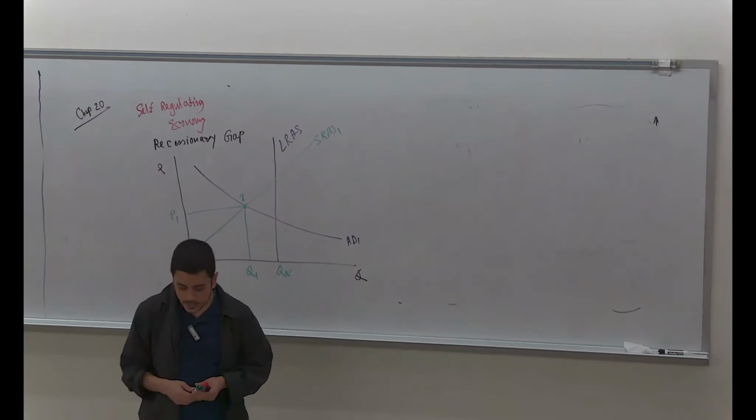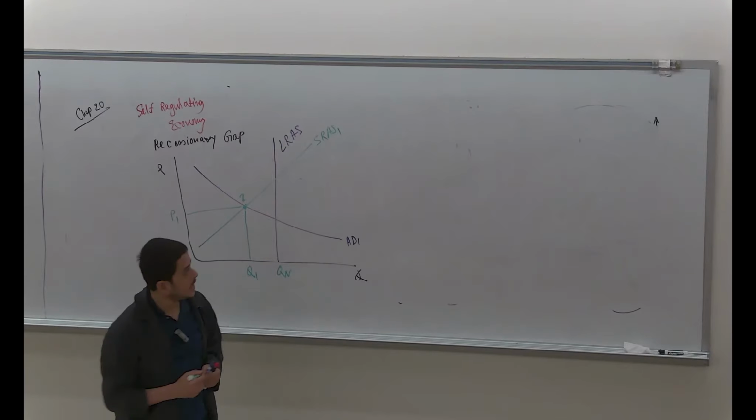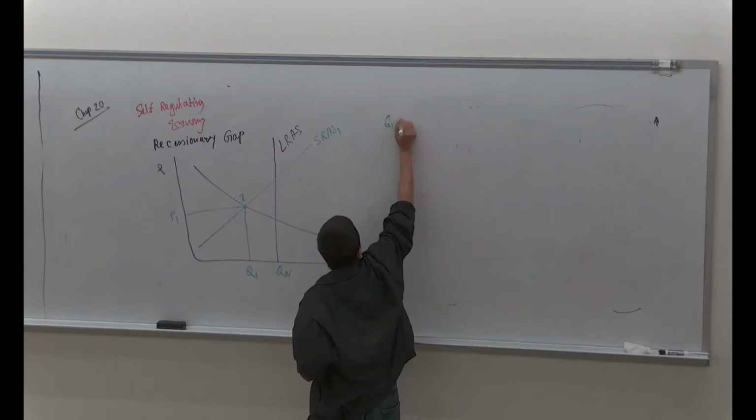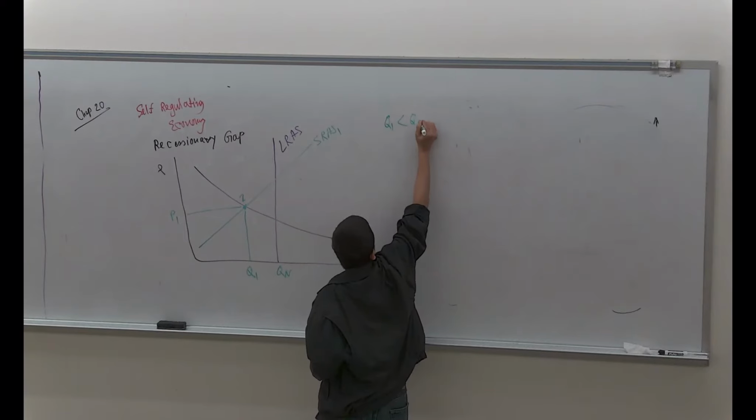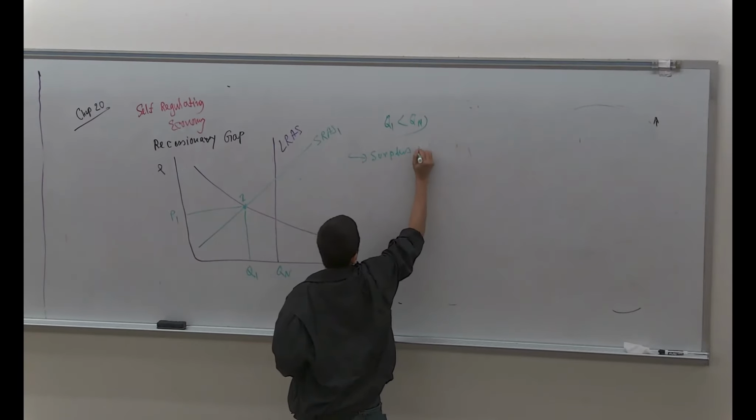So for people who believe that the central bank doesn't need to do anything, here Q1 is less than Qn, so they say there is a surplus in the labor market.